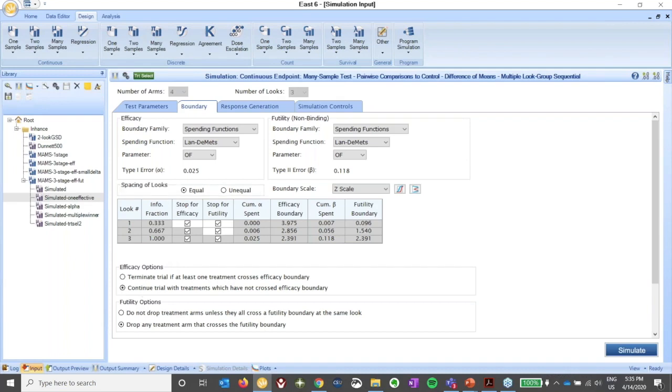However, in the simulation mode, you are also allowed to explore what is called the multiple winner rule. So this is a case where you can identify all of the possible effective treatments within a single MAMS trial.